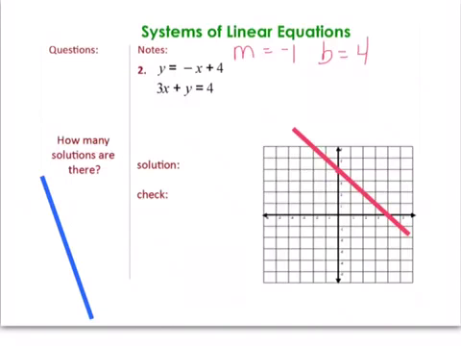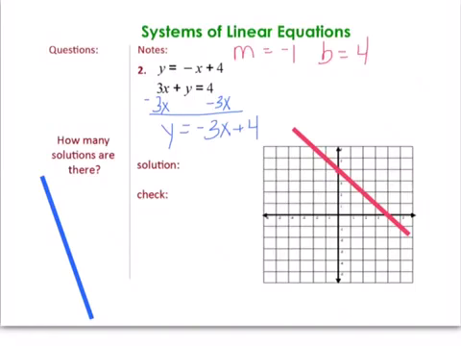Equation 2 says 3x plus y equals 4. I don't want to solve using intercepts because I'm going to get a fraction. So if I put this into slope-intercept form by subtracting 3x on both sides, I get y equals negative 3x plus 4.